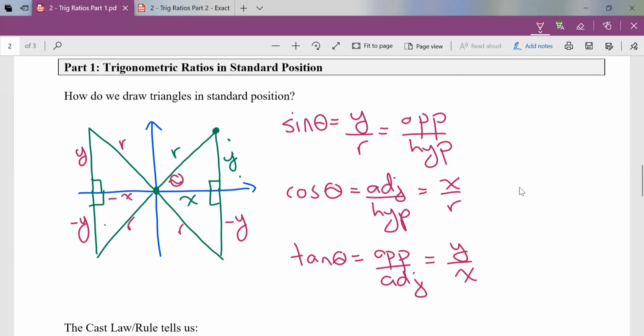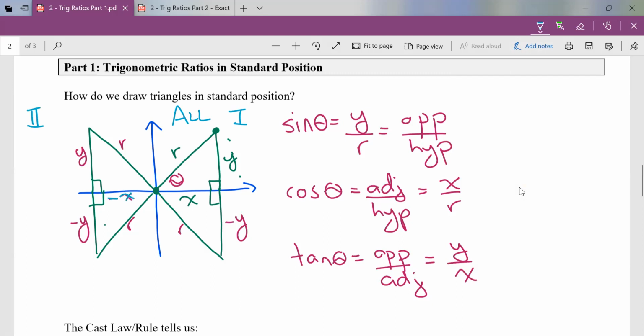Now, the other thing we want to notice is as we go around the Cartesian plane, we follow the path of the sun. This is quadrant 1. Sine, cosine, and tangent are all positive in quadrant 1. But if we go to quadrant 2, all of a sudden our x value is negative.